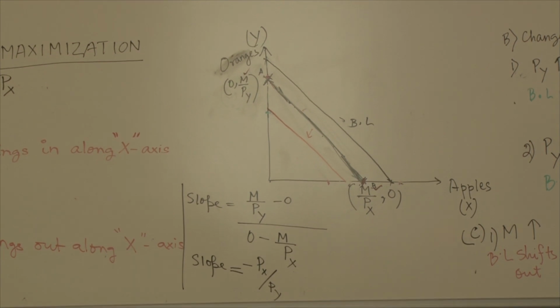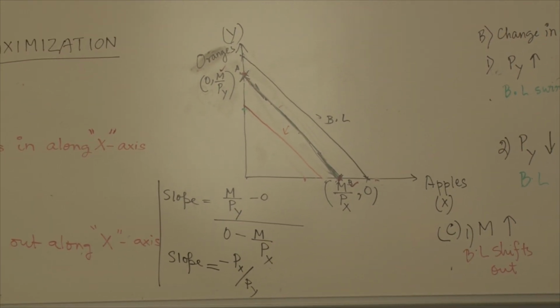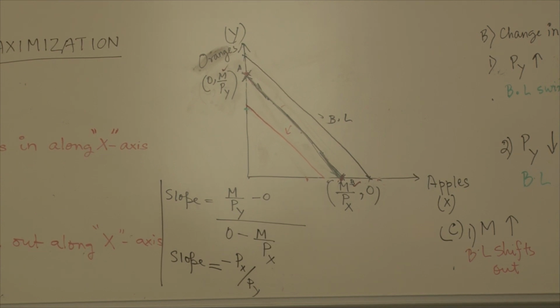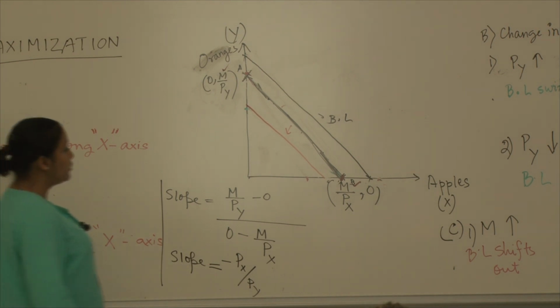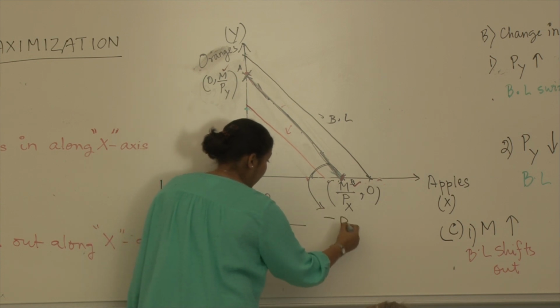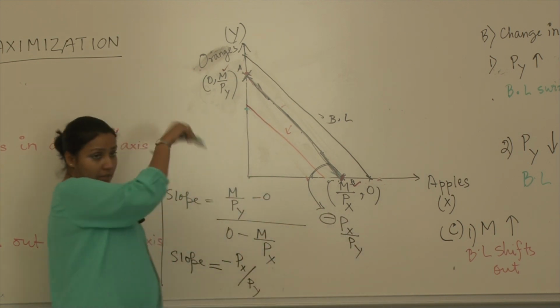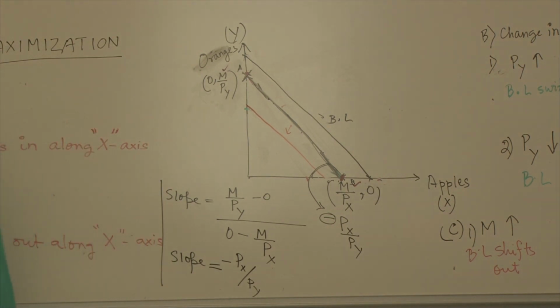Did everyone understand? I am just doing rise over run between those 2 points. Change in y divided by change in x gives minus Px by Py. So, the slope of the budget line is always negative Px by Py, where the negative sign just means that the line is downward sloping.